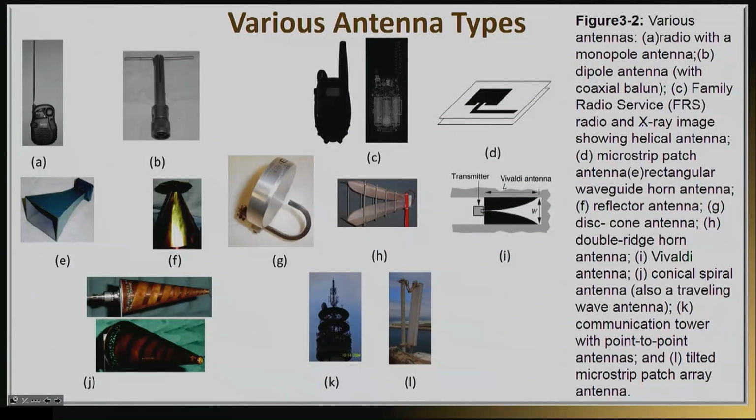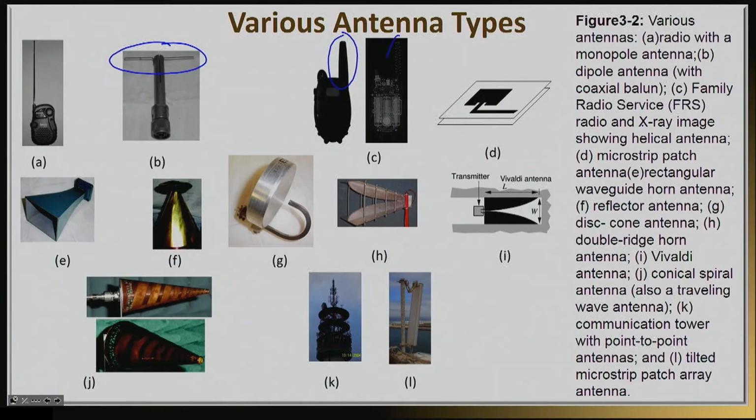So this slide gives you a few pictures, so you can get an image of how those antennas might look. I'm not going to describe all of them, but some antennas I would like to point out. This is the classic dipole antenna, which you probably have seen from your undergraduate days, basically two wires or two pieces of metal radiating. This is an antenna you might find in walkie-talkies.